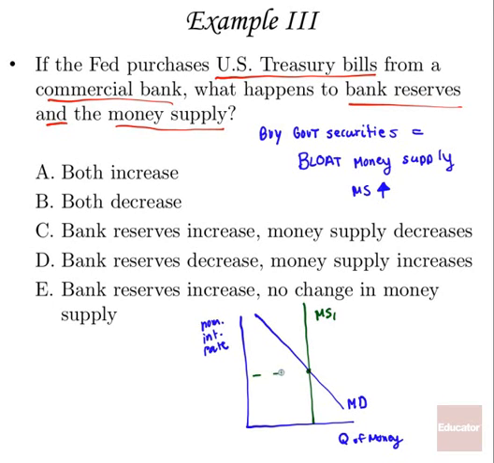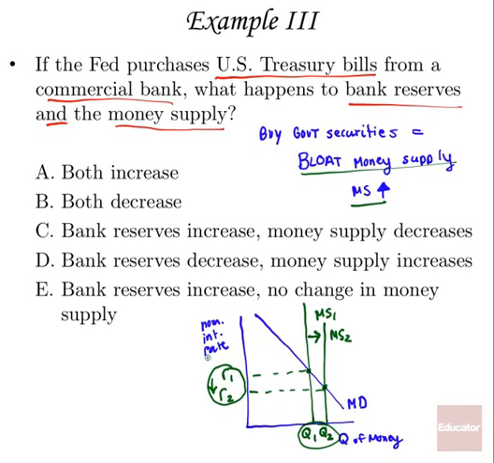When the Fed bloats the money supply by buying government securities, the MS curve, a vertical line, shifts to the right to MS2. The interest rate decreases from R1 to R2, and the quantity goes to Q2. So there's an increase in money supply at a lower interest rate.